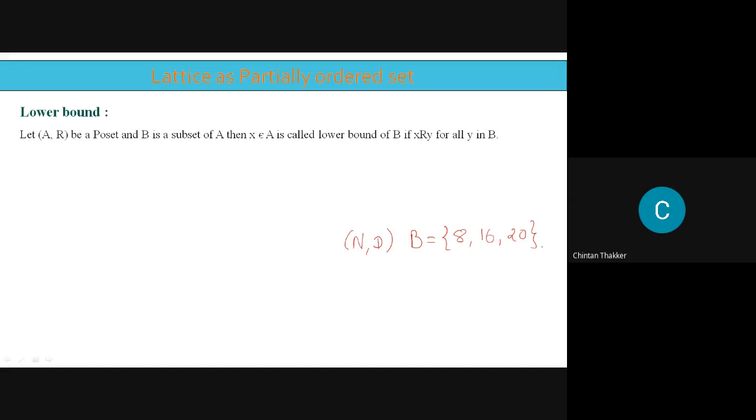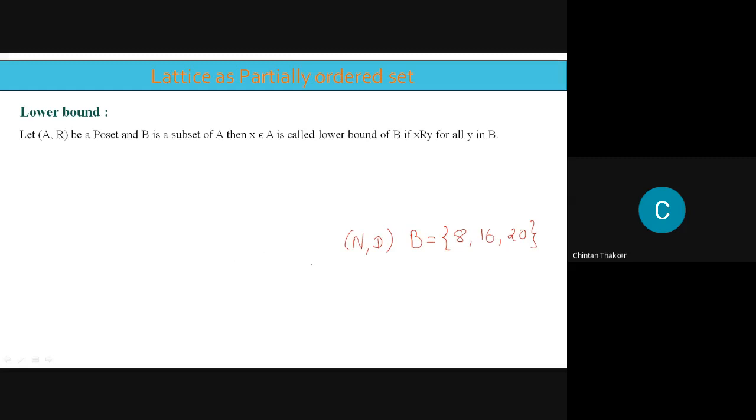Then, now which are the lower bounds? So N is starting from positive 1 to infinite. Now we find the element which divides these three elements. So we know that by default 1 always divides all elements.